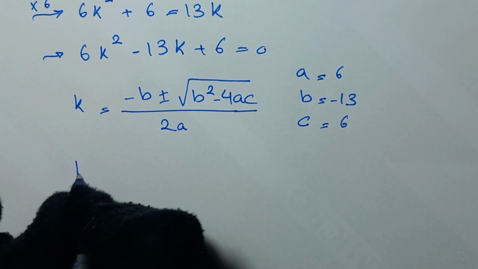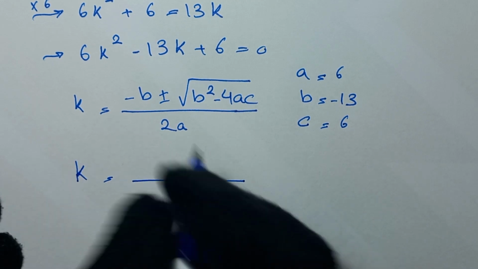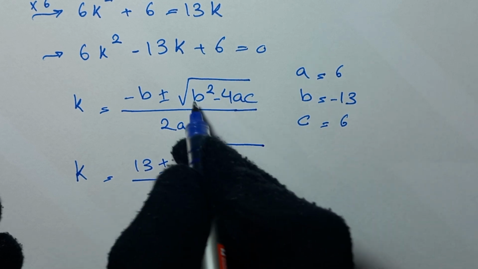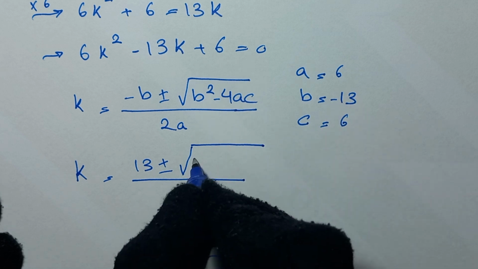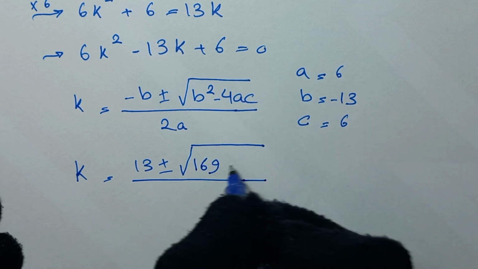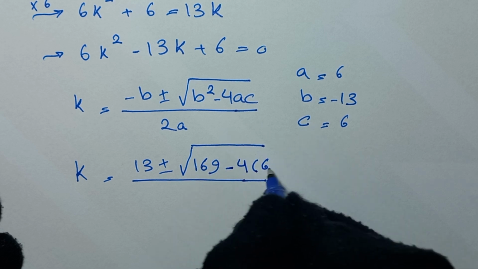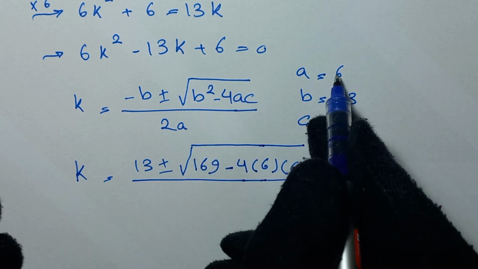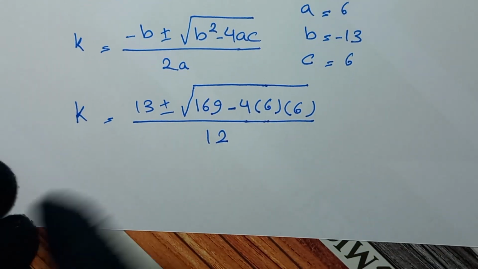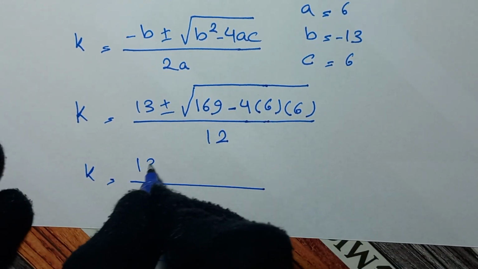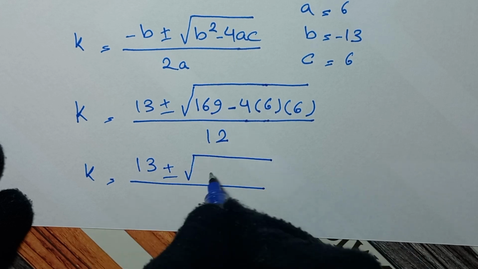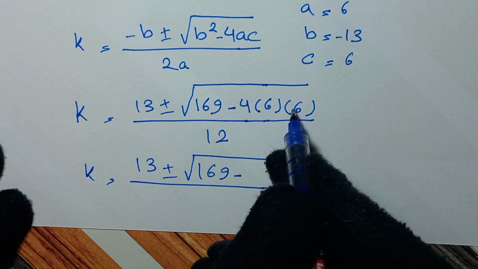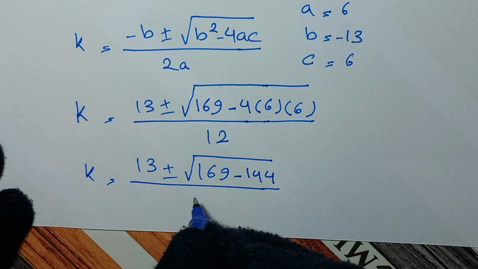So k is equal to negative b, negative 13, it will be positive 13, plus or minus square root of negative 13 squared, which is 169, minus 4 times 6 times 6, over 2 times 6, which is 12. So k is equal to 13 plus or minus square root of 169 minus 4 times 6, 24, and 24 times 6, 144, over 12.